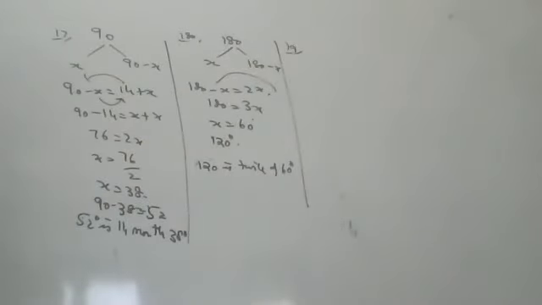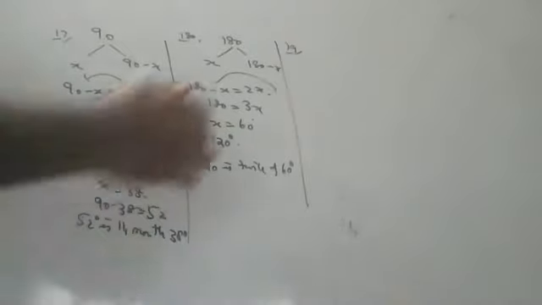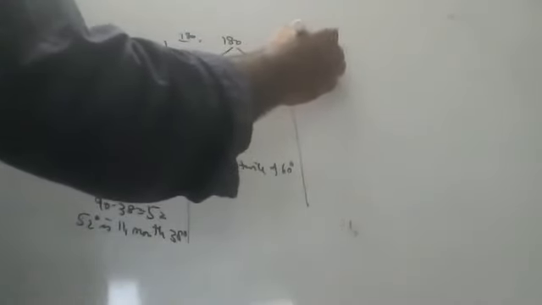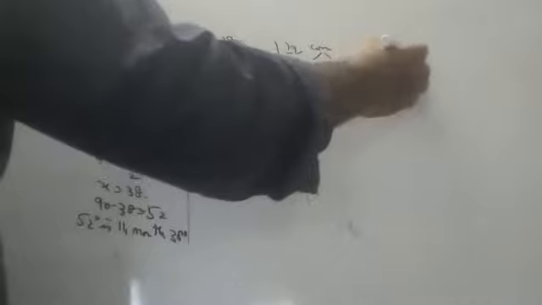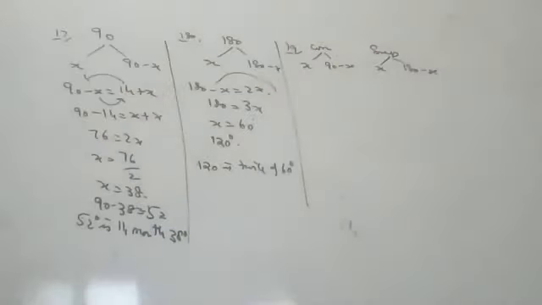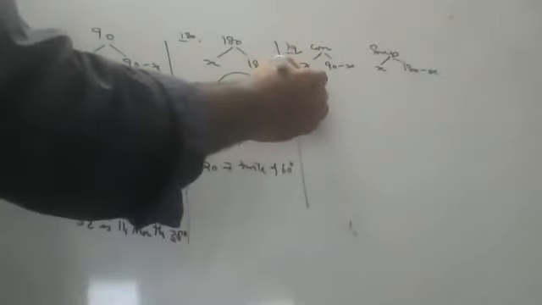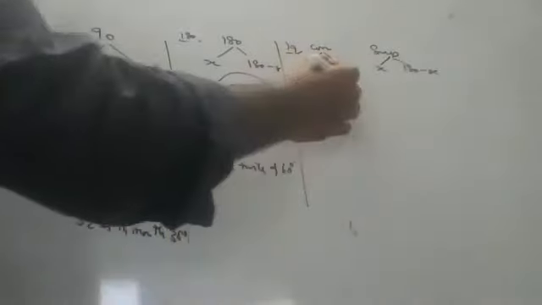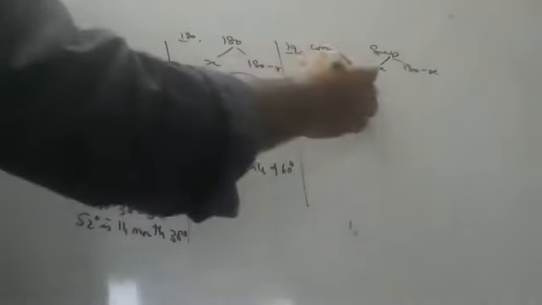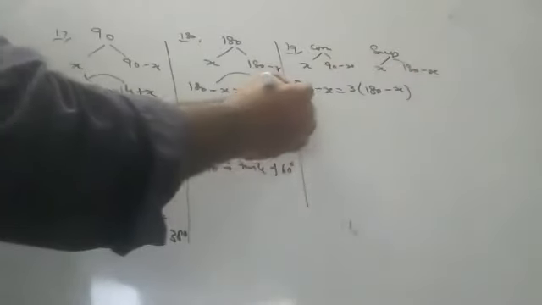Next one. Yashasvi, 19th one. Complement is thrice its supplement. 90 minus x is equal to thrice, 3 into 180 minus x.